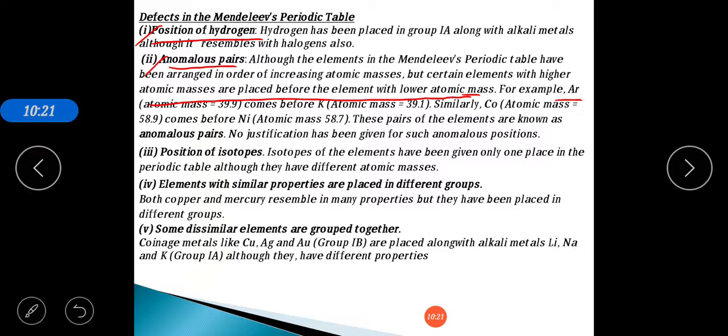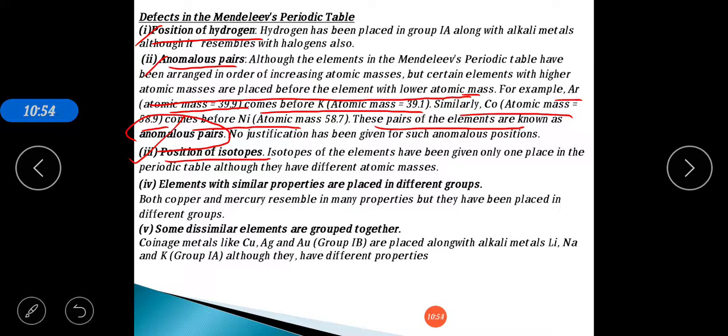For example, argon, atomic mass 39.9, comes before potassium, atomic mass 39.1. Similarly, cobalt, atomic mass 58.9, comes before nickel, 58.7. These pairs of elements are known as anomalous pairs. No justification has been given for such anomalous positions.